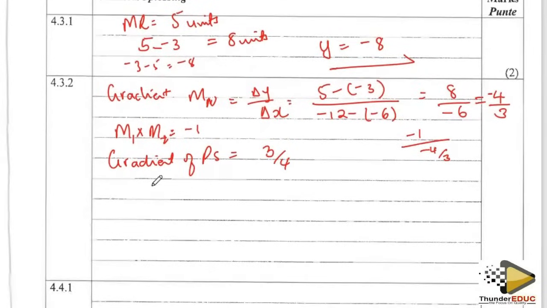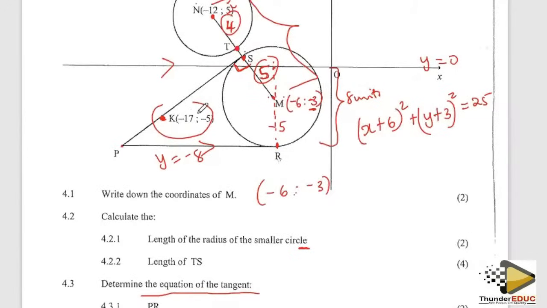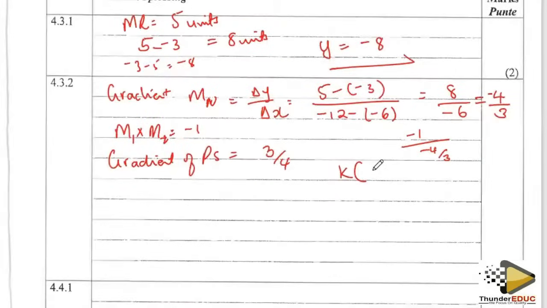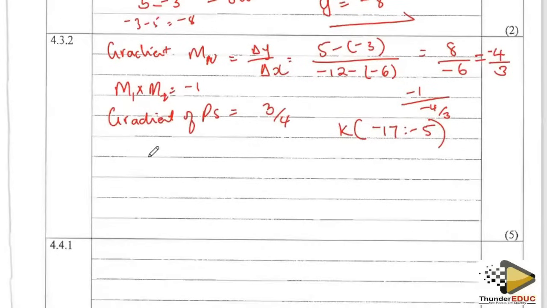Now, since I have my gradient, there's a point K. This point K is -17 and -5. So I'm going to use that. I can use the formula y is equal to mx plus c. Then I look for the values. So this is my x, that's my y. So -5 is equal to 3/4 times my x, which is -17, plus c.